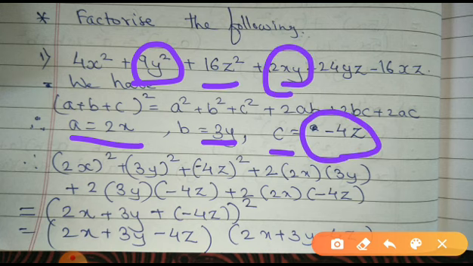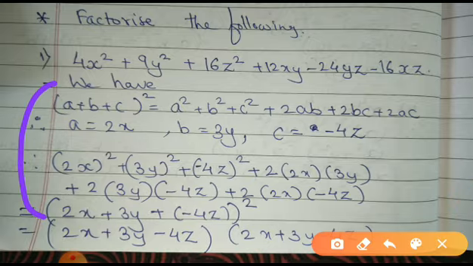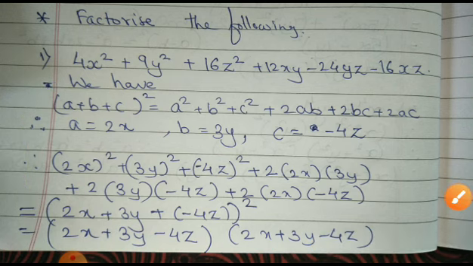Because here y into z is negative as well as x into z is negative, so my c should be negative itself. Okay, so accordingly write it here and you will get, using this identity, 2x plus 3y plus minus 4z bracket square. That is the product of those two brackets, or that is the factorization. Clear?